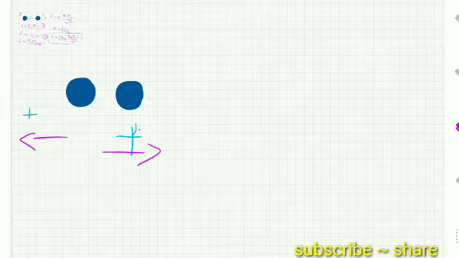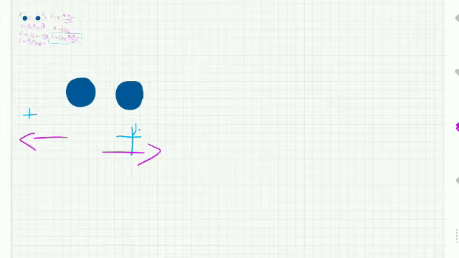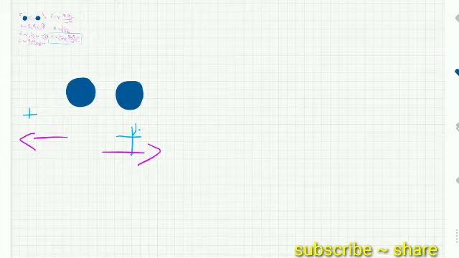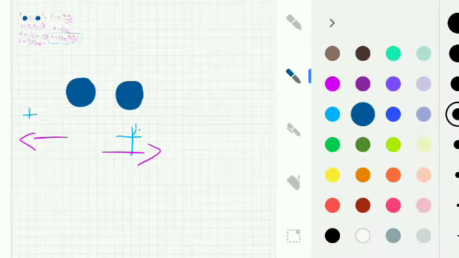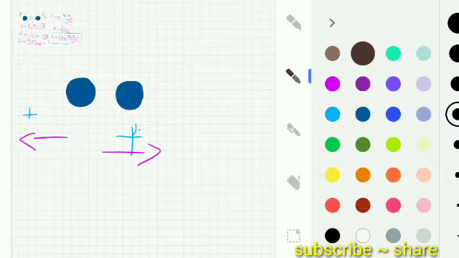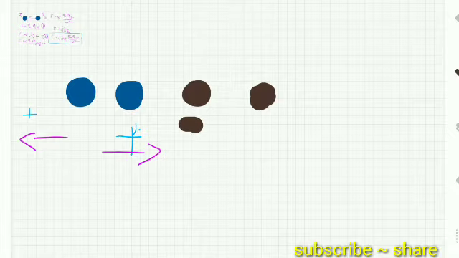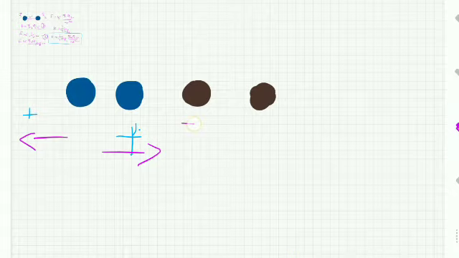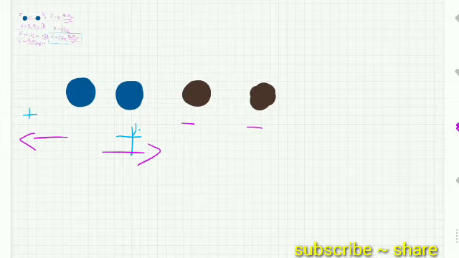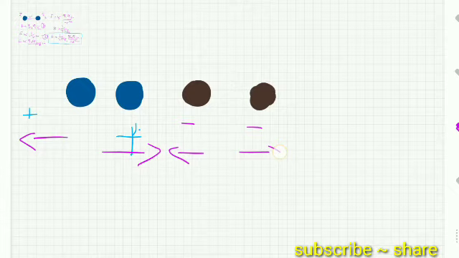Similarly, if we take two negative charges, between two negative charges the force is also repulsive.